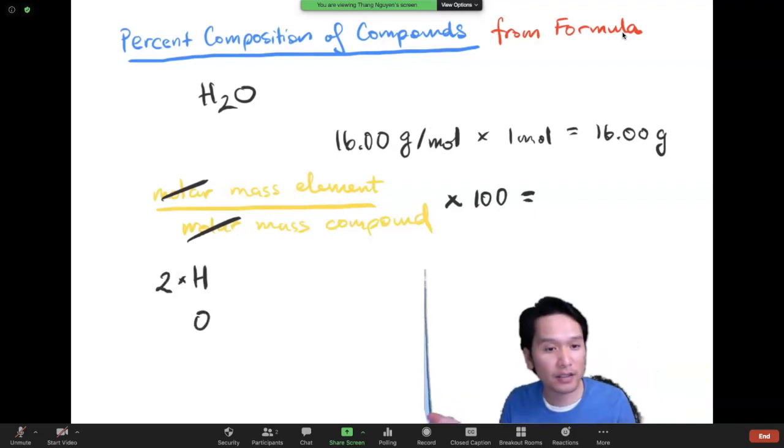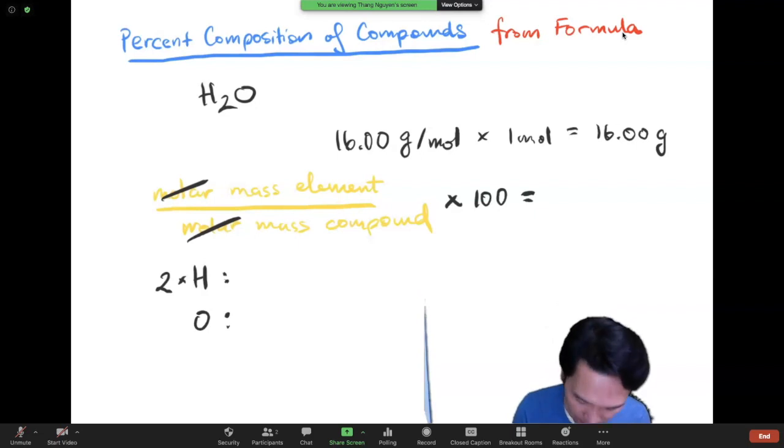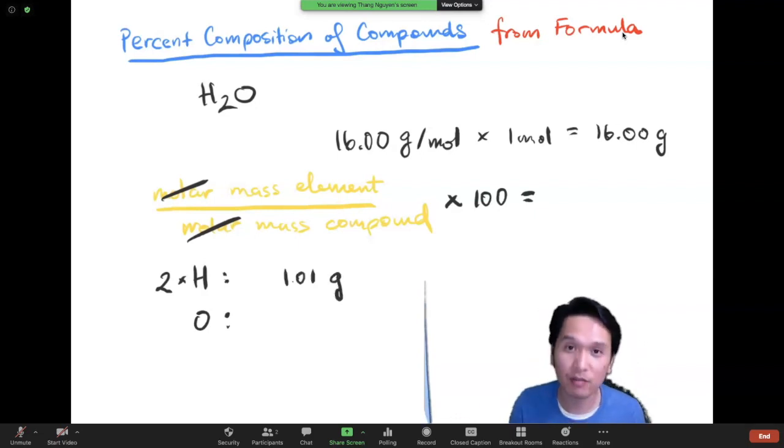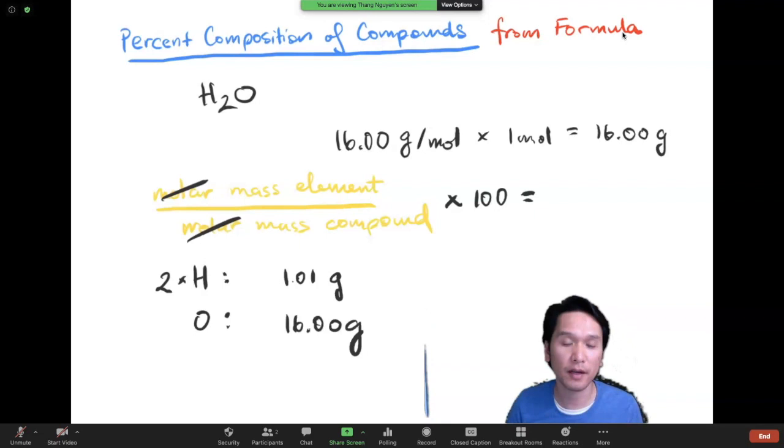Again, we have 2 hydrogens and 1 oxygen. What is the mass of 1 hydrogen? 1.01 grams per mole, right? But again, we can abbreviate and make it easier for ourselves and just say 1.01 grams. Whereas oxygen, there is 16.00 grams.